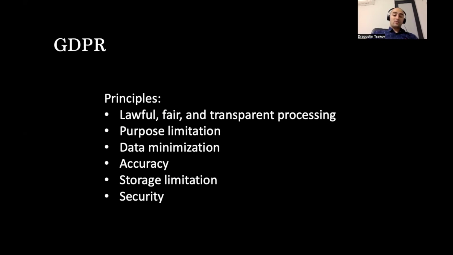Next, we have the so-called purpose limitation, or the limitation of the purpose for which data was collected in the first place. This means that the purpose of data collection should always be declared upfront.